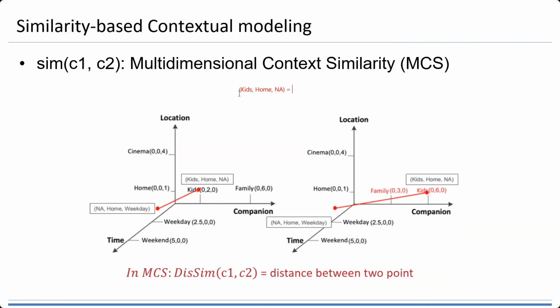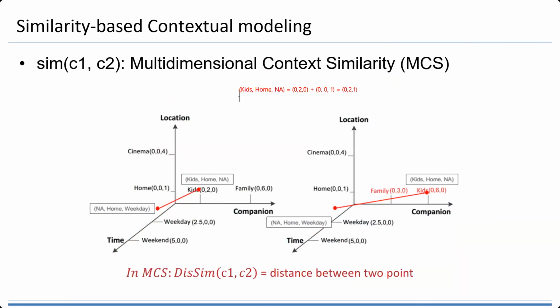In this case, we can see what is kids. The kids is 0, 2, 0. And then what is home? Home, we have 0, 0, 1. Then we have a value, or we can just have 2, 0, 2, and 1.